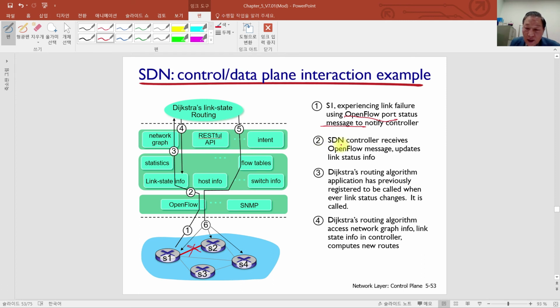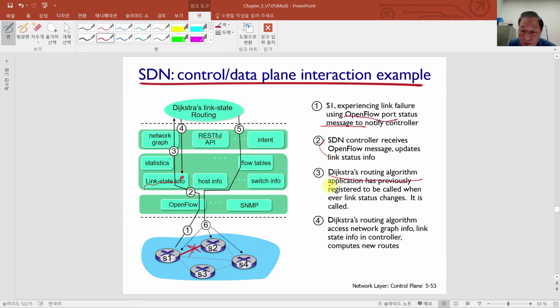And the SDN controller receives OpenFlow messages. This one is explained here. It updates link status information. That link state is being changed because that is disconnected. That will be updated. After that, this routing algorithm uses that information to get the shortest path.